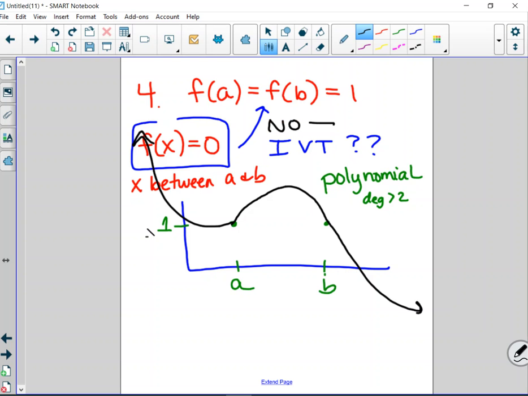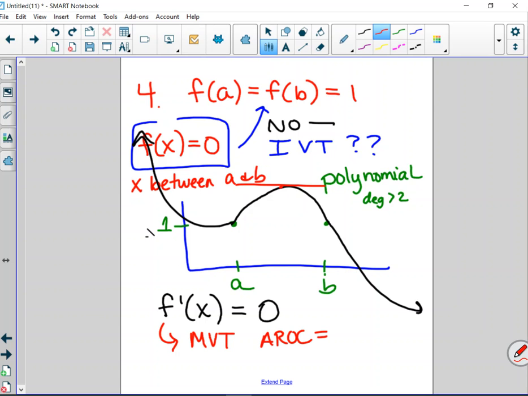Now, what about this? The derivative has to equal 0 somewhere between A and B. Well, the way I have it drawn now, it does. So if I'm thinking mean value theorem, if the average rate of change is equal to 0, then the instantaneous rate of change would have to equal 0.